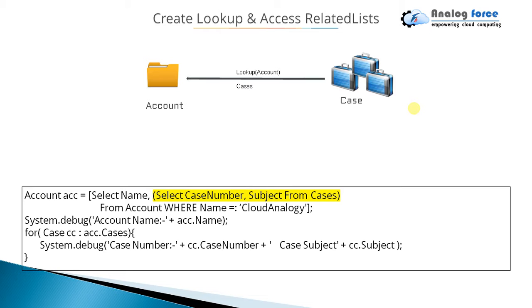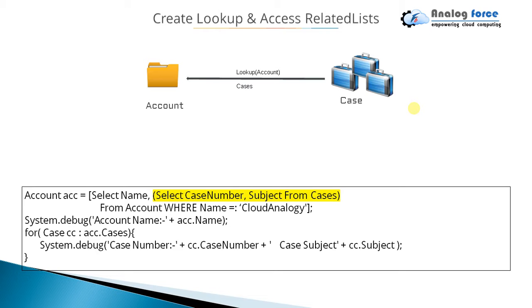You can see I've written account acc, the variable name, equal to my SQL query. In my SQL query, you can see select two times. In the bracket, it simply means a nested query in itself. So select name, comma, select case number, comma, subject from cases.